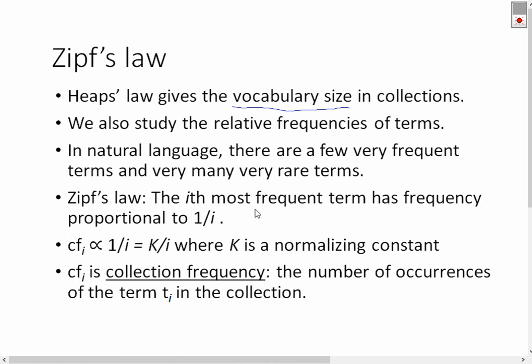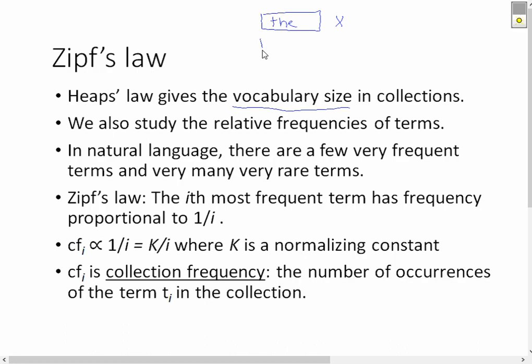Basically, what Zipf's law says is if I were to take all of the terms out of the collection and look at the very first term, the one that appears most frequently, let's say it was the word "the," and it appears, let's say, X number of times in my document collection.